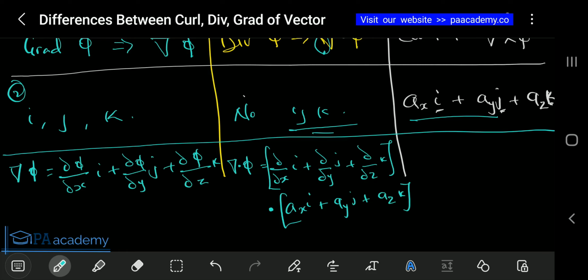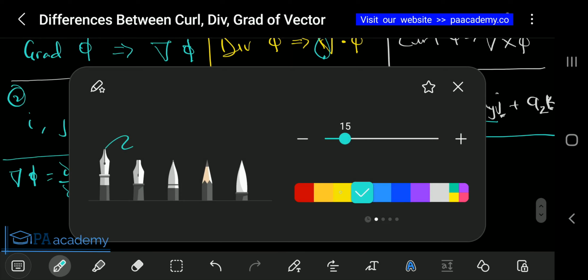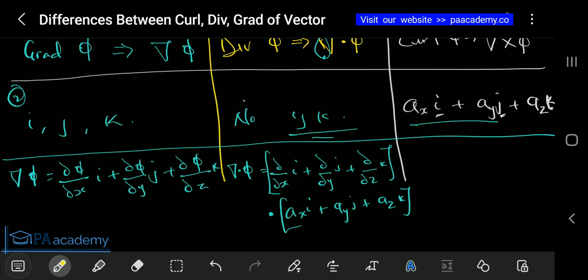understanding. Then when you are now dealing with curl, the first thing that should come to your mind is that diagram that looks like a matrix, a 3x3 matrix, that drawing you do when you are calculating the determinant of a 3x3 matrix. So once you remember that, just know that you are dealing with curl.